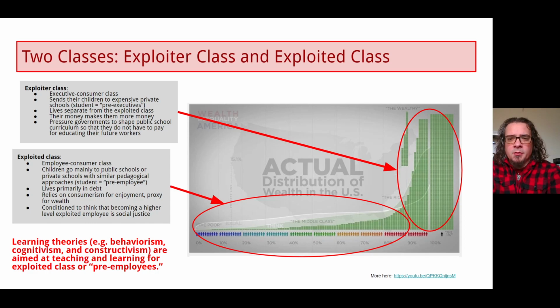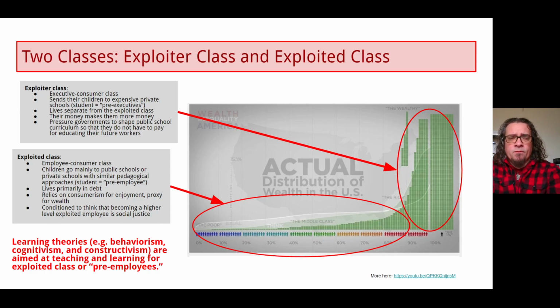So the reframing is step number one, because the learning theories themselves are located in the strong desire to exploit the employee class. So behaviorism is a learning theory designed specifically for that. Cognitivism is not that far behind behaviorism in that sense.